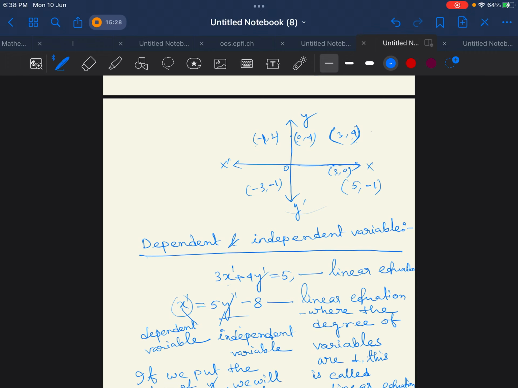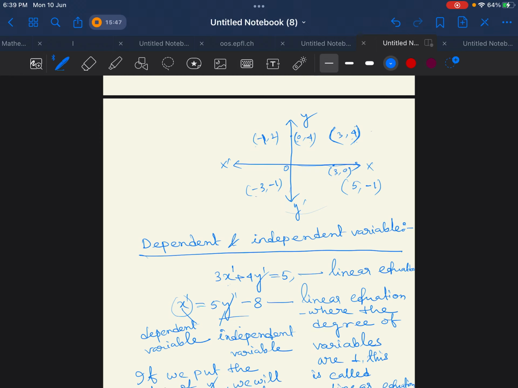Here (-3, -1), the value of x is always negative, because this is the left hand side of x, and this is the downward side of y.